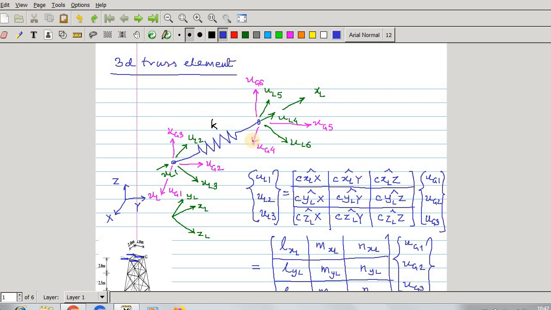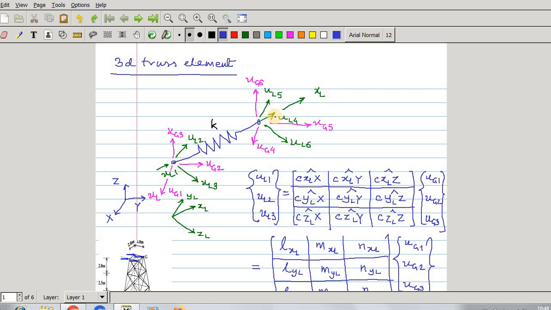In this figure you see the spring element, which has a stiffness of K, and this is the local axis of the spring, XL. If there is any displacement along this local axis, the spring will offer a resistive force in the opposite direction, and that is also along this local axis.